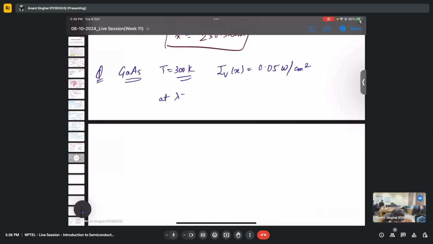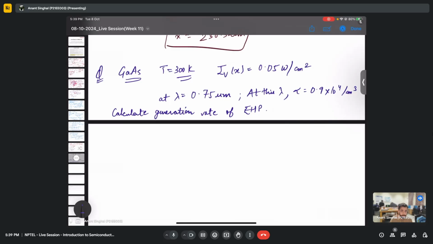And the lambda for this particular case is 0.75 micrometer. At this wavelength, alpha is given as 0.9 times 10 raised to 4 per centimeter, and you need to calculate the generation rate of electron hole pairs. Everything is given. I'm denoting electron hole pairs with EHP in this whole lecture.